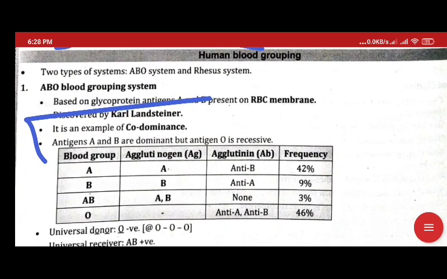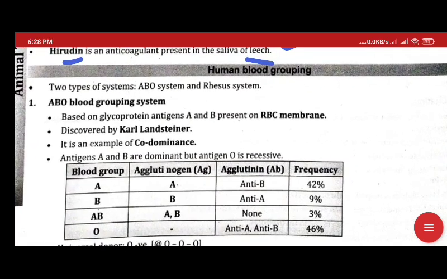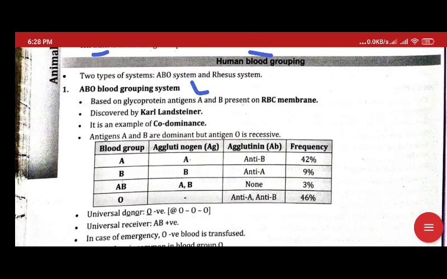Now we have blood groups. As we know, we have 4 types of blood group: A, B, AB and O. So here is given the ABO blood grouping system. The most frequent is O positive, and the one that rarely occurs in real life is AB negative.